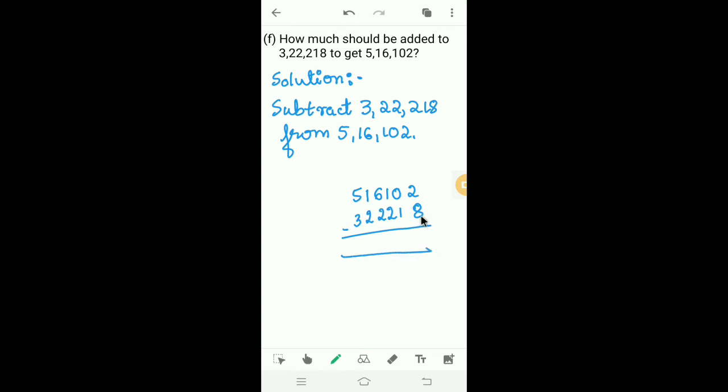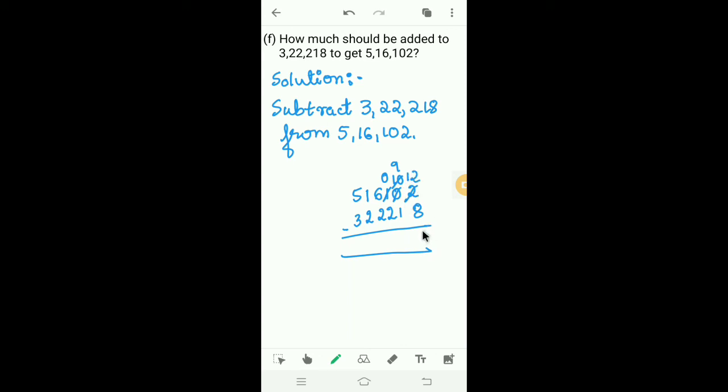No, it is not possible. So what we have to do? We have to borrow from the next number. Here the next number is 0. We can't borrow, so we go for the next number. Here the next number is 1. If we borrow from 1, then 1 becomes 0 and here 0 becomes 10. Now we can borrow from 10. 10 becomes 9 and here 2 becomes 12.